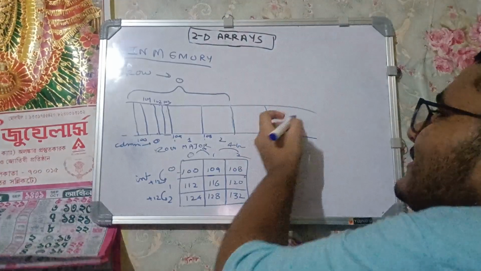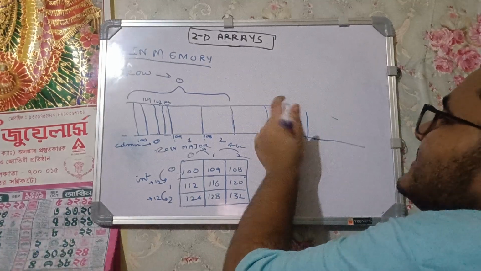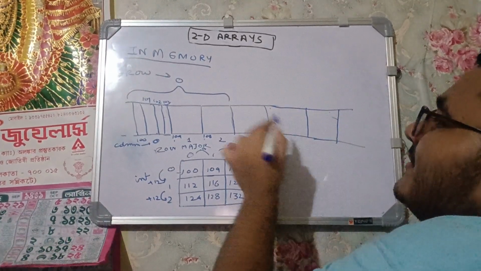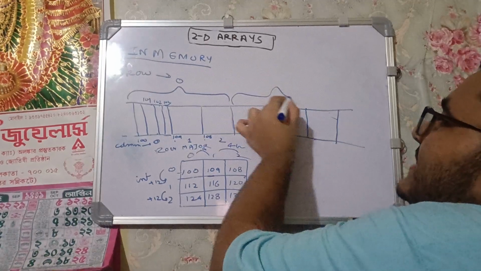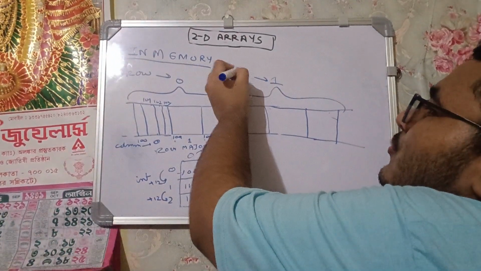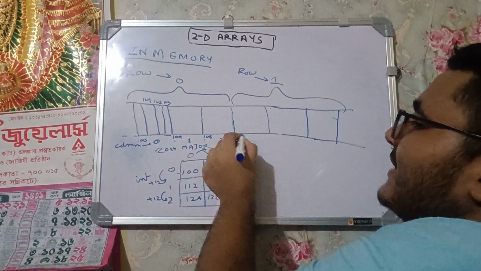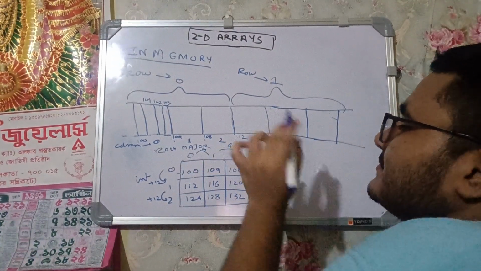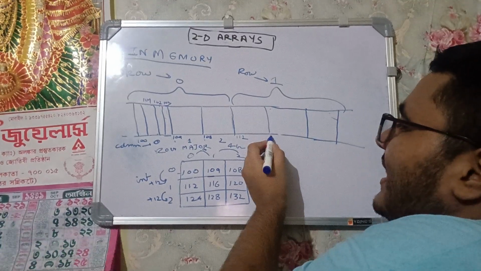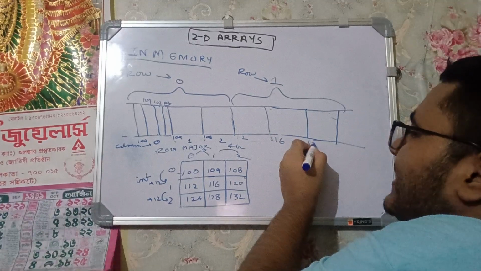Again another 3 blocks, each of 4 bytes, is another row. Fine. This is say row 1, and this starts from where? 112, right? Then 116, fine, 4 bytes, and 120.